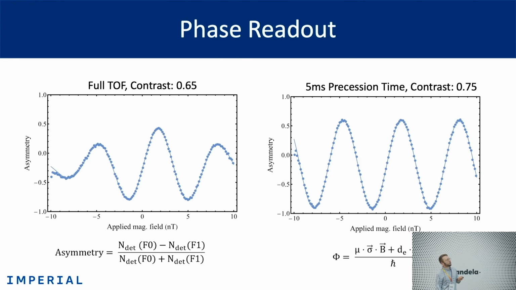If we use a different magnetic field for each shot, we can trace out these nice spin precession fringes. When we use the full time of flight with all different velocities, you see some dephasing here just due to different velocities acquiring different amounts of phase in the measurement, but we can also select a particular velocity class, and this allows us to get some nice contrast fringes up to 0.75.